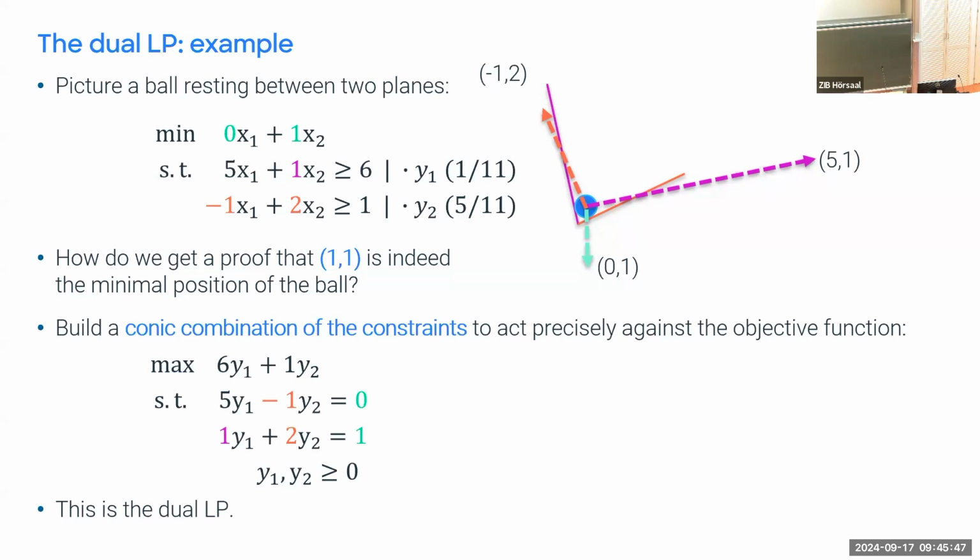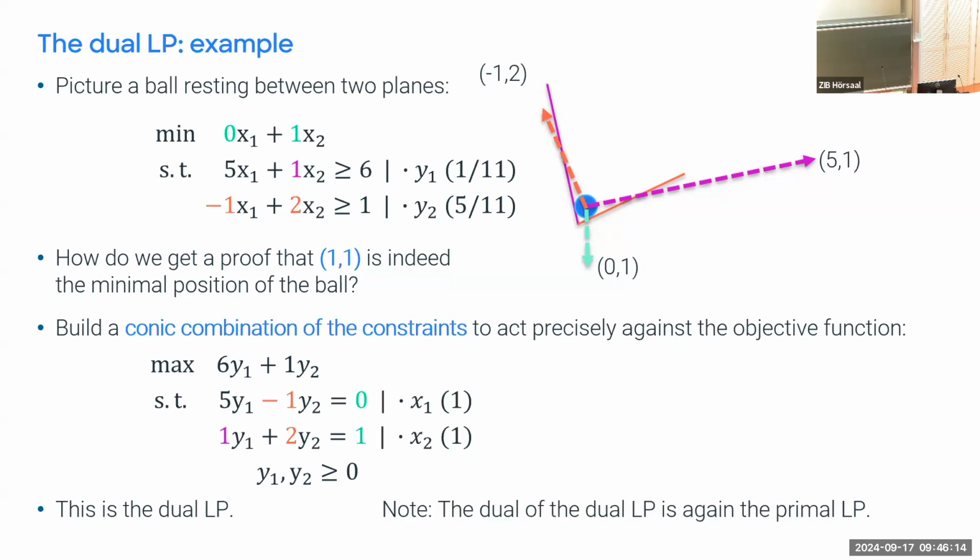Very central. And actually the nice thing is that on this example you can already easily see that if I dualize the dual LP again, I get the primal. So which combination of these two dual constraints do I need in order to obtain the dual objective function of (6, 1)? 1 and 1, exactly.